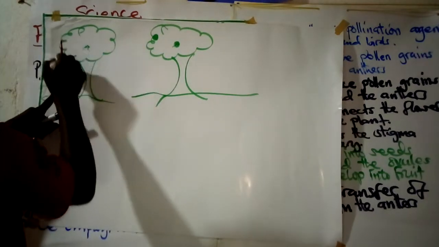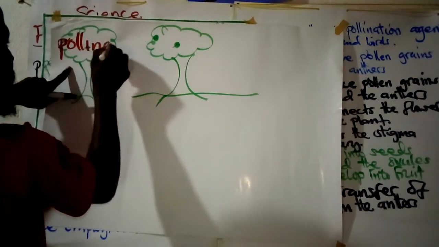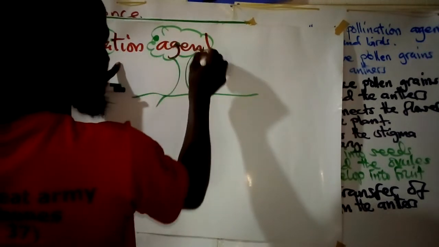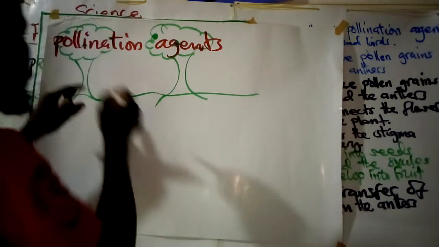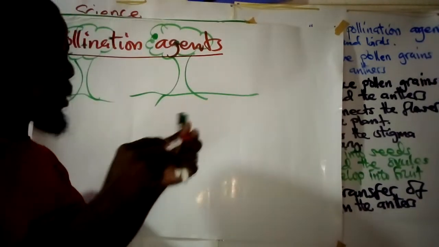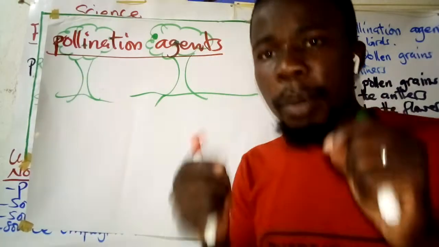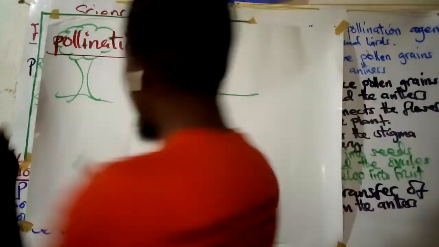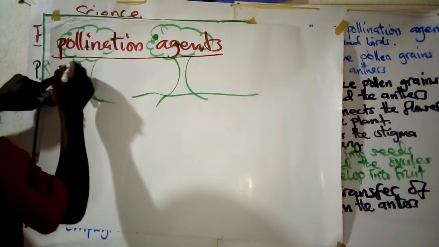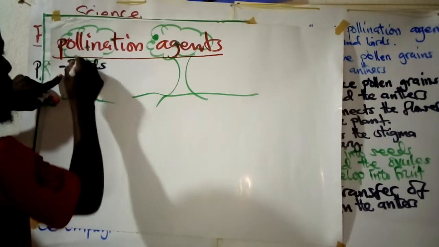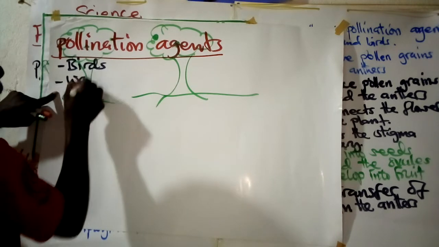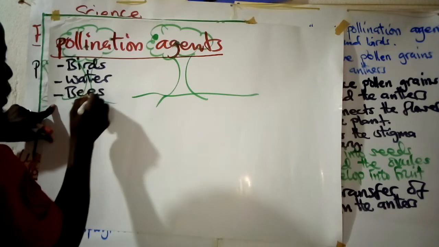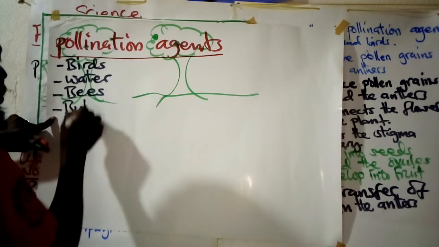So let's look at pollination agents. I hope you see that. We have got so many examples of pollination agents, and these are: number 1, birds; number 2, water; number 3, bees; number 4, butterflies.